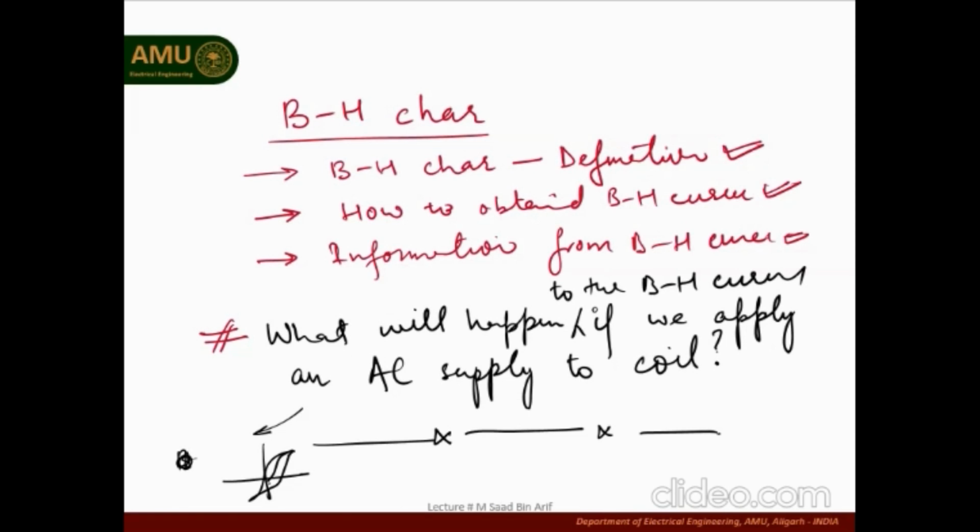Now let us have a very simple problem on the BH curve, that is, how to use a BH curve in finding the value of H or the value of B. Let us have a BH curve of a material like this.